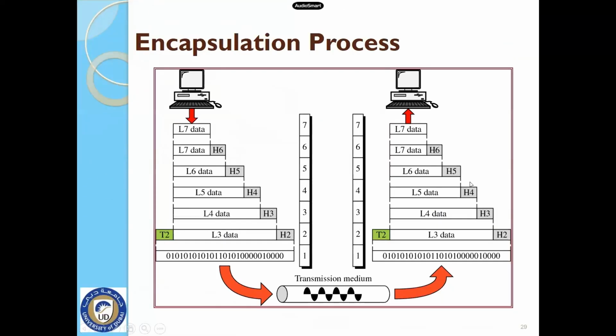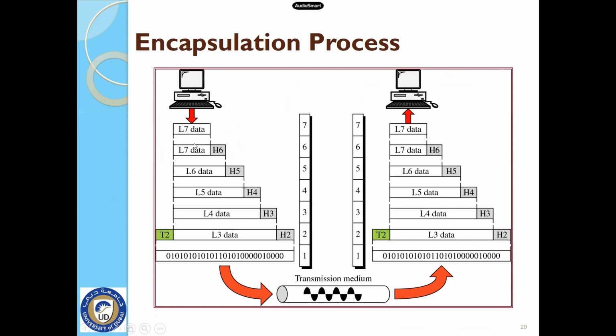Okay. Now this one, the process, what will happen? Like, what do you mean layer 1, layer 2, layer 3? So what will happen is like this. You have the data, and this is layer 7, the application layer. At the application layer, you send the data. It will pass through the presentation layer. Now H6 here, forget about the number 6, but H6 is a header.